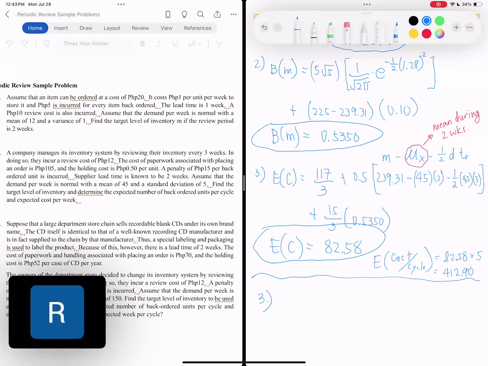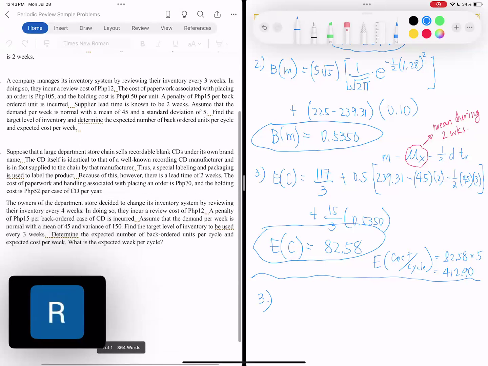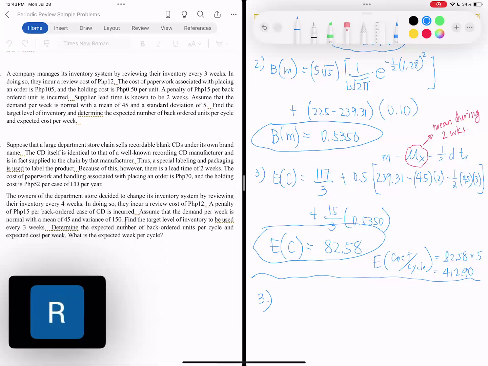For problem number 3, this is the problem here. Same questions are being asked. Find the target level of inventory to be used every 3 weeks. Determine the, wait, is this every 3 weeks?